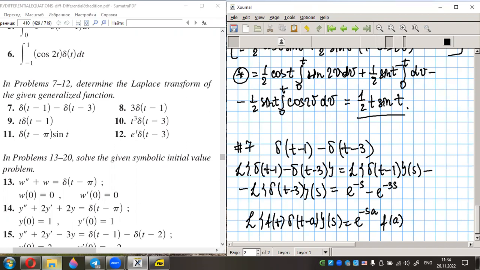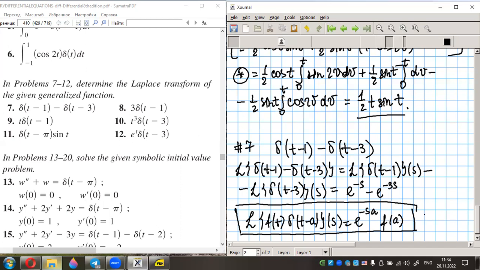This is the formula. In our case, f is 1. Okay, I got it.